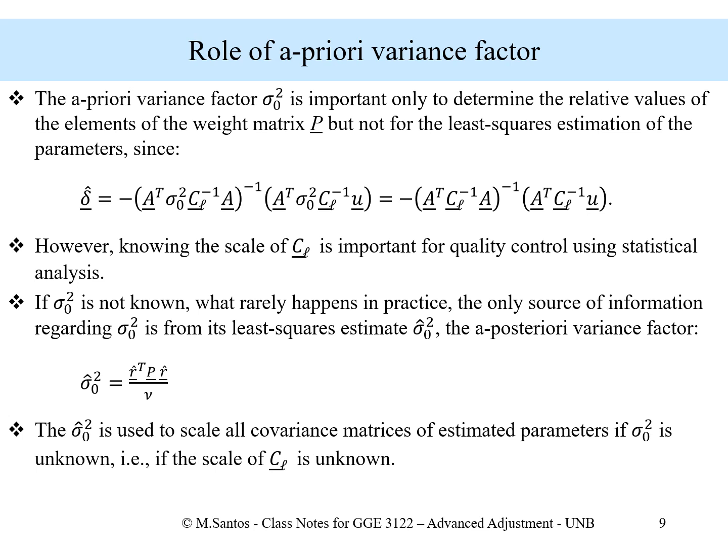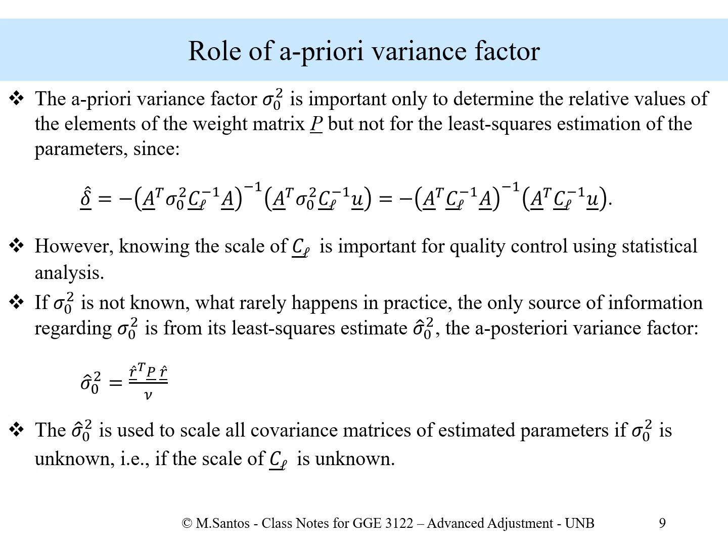It should be also clear from the definition of weight matrix, as we have seen before, that the a priori variance factor plays a role in the computation of the covariance matrix of the parameters, meaning it affects the stochastic model.